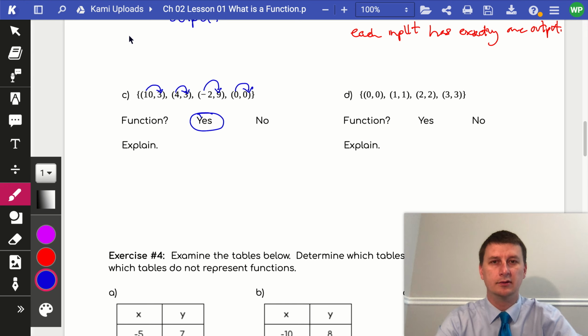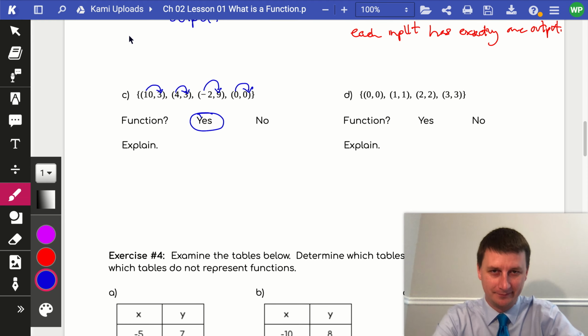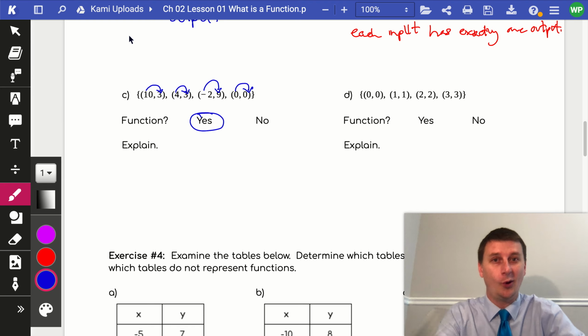I think I said that wrong. Two different, let's try this again. Two different inputs could lead to the same output, but one input cannot have two different outputs. That's correct. Let's say it one more time just to make sure we got it, or I got it, or you got it, or whoever's watching this video right now.